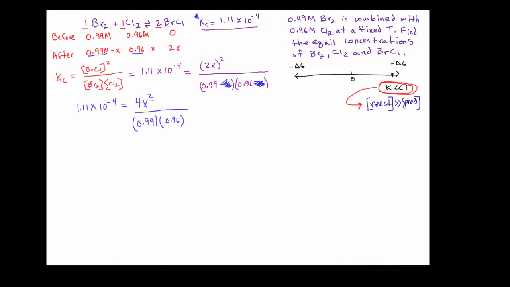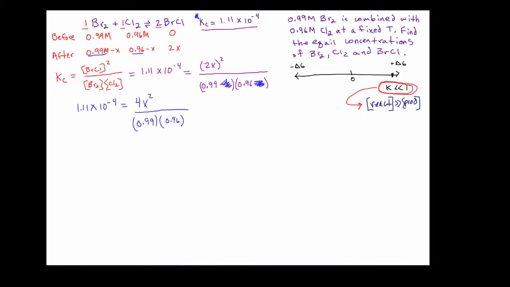We're going to go ahead and we're going to solve for the x, and then we're going to have to test the assumption two ways. So first, let's solve for the x, and then I will teach you about the two tests that we have to carry out in order to make certain that the assumption that we made here that allowed us to drop these sums was a valid assumption to make. So let's go ahead and solve for x.